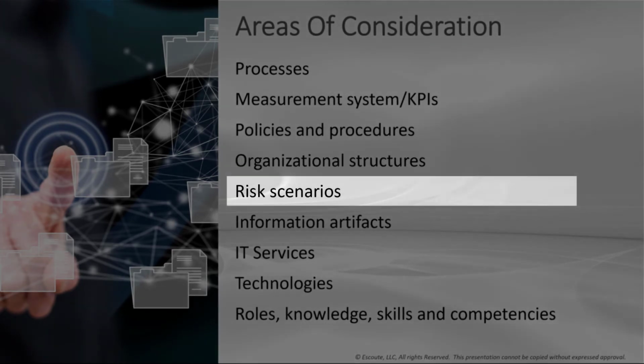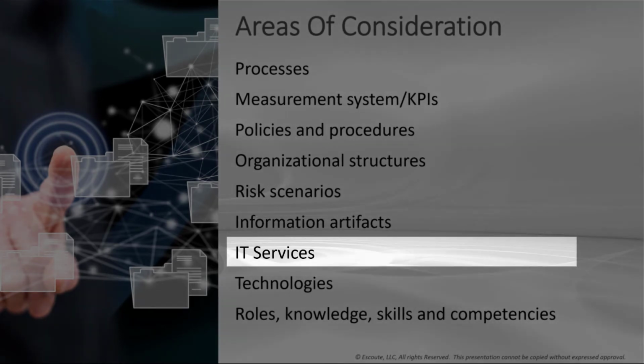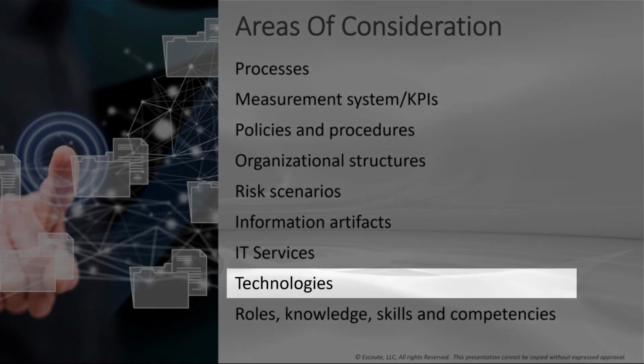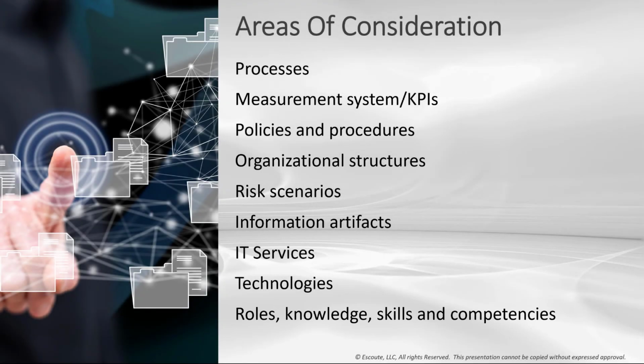The risk scenarios. That risk scenario is an event that, if it occurs, has some impact on the business meeting its objectives. Information artifacts. We have information flows that come into and out of the process that governs data. You have your IT services. Of course, you can find those in your IT services catalog. You have your technologies, which might include applications, infrastructure, and then finally, very, very important, the roles, the knowledge, skills, and the competencies and abilities of the people working in that process.